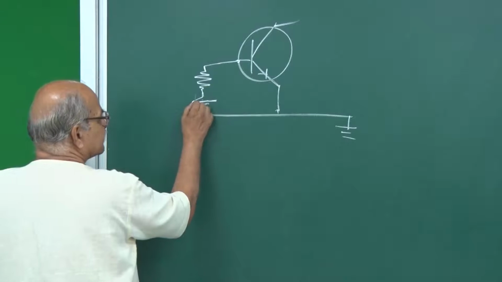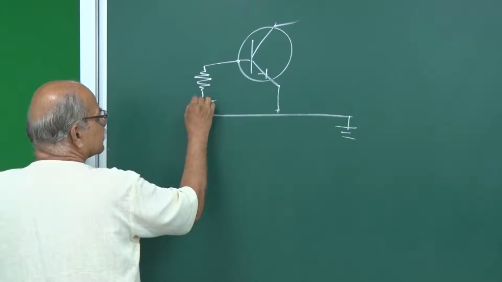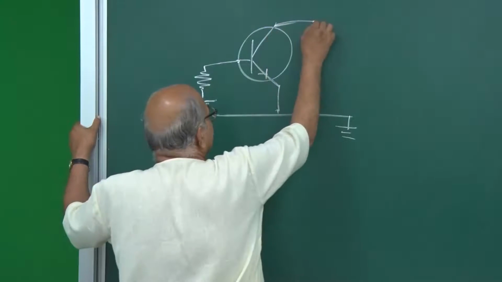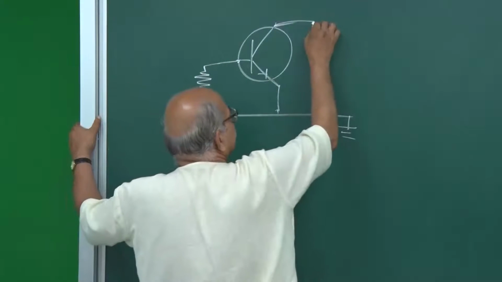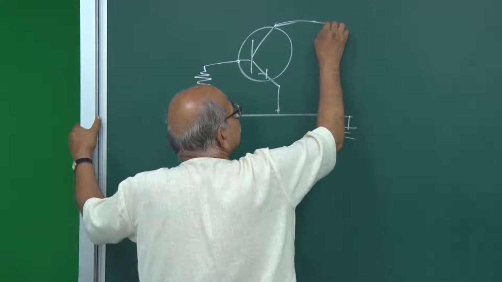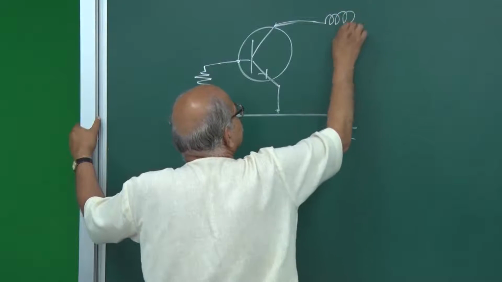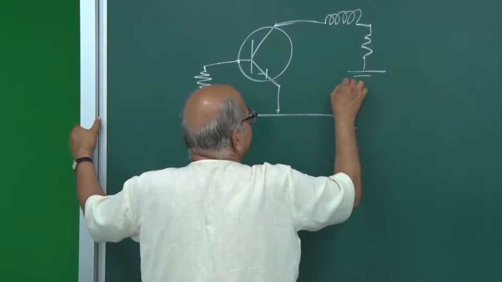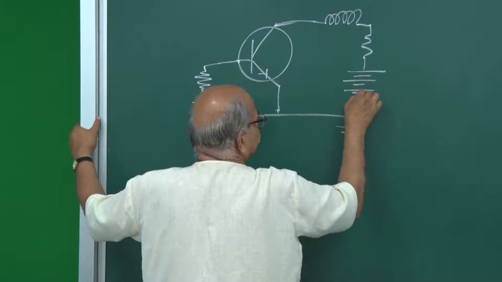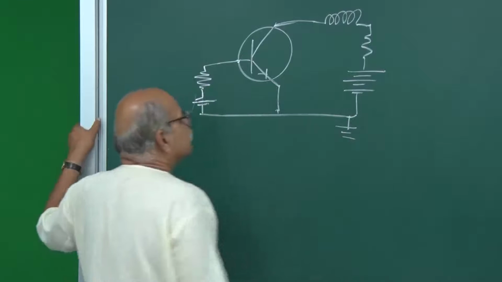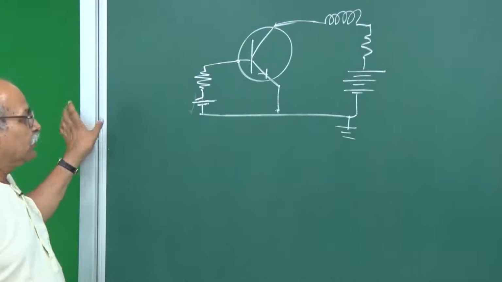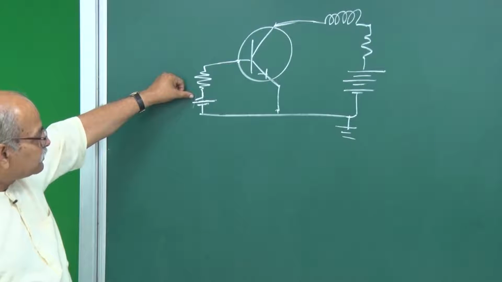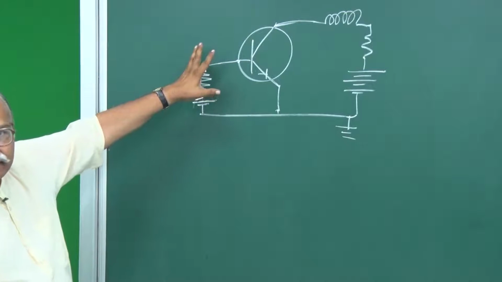This is the battery, the biasing battery, and then there is a switch out here. And on the collector side you have some load, maybe some kind of a lamp or something else. You can still have a resistance, and then you can have your biasing battery like this. So here is the control, and if the switch is open, this is in cutoff mode.